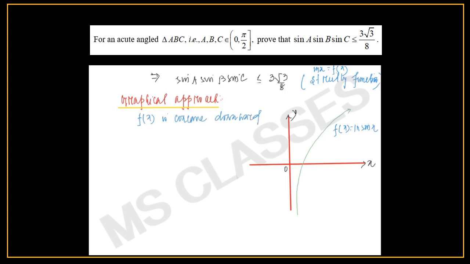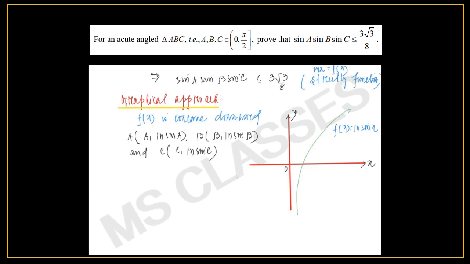If it's concave downward, we can take 3 points on the curve: A, which is (A, ln sin A), B, which is (B, ln sin B), and C, which is (C, ln sin C). These are the 3 points we take on the curve.